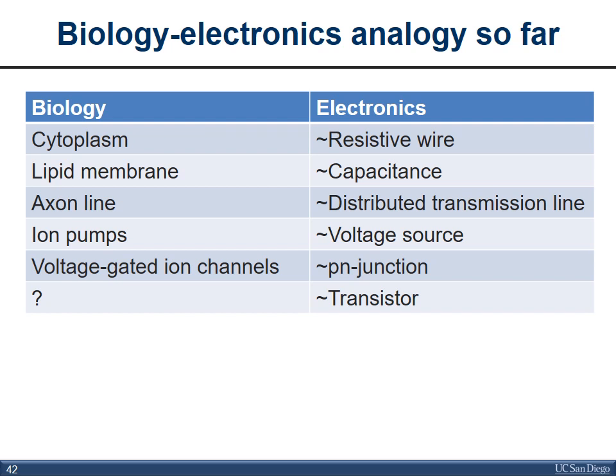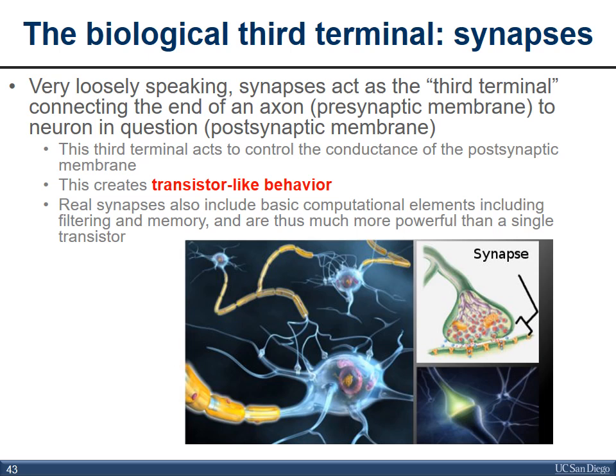So what's like the transistor? What's going to modulate effectively the behavior that we showed before? And very loosely speaking, we can think of the biological third terminal that enables transistor-like behavior as the synapse. So it connects the end of the axon to the neuron in question, and this terminal effectively controls the conductance of the postsynaptic membrane, and this therefore creates a transistor-like behavior.